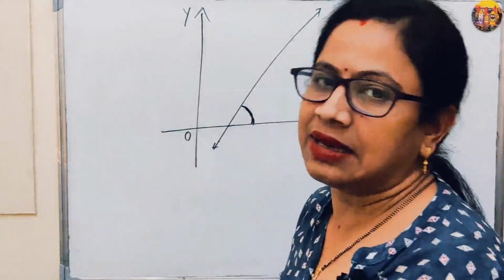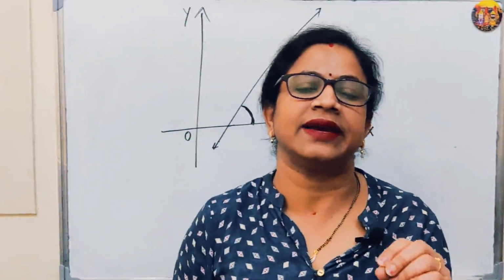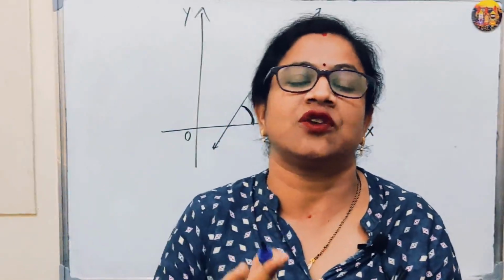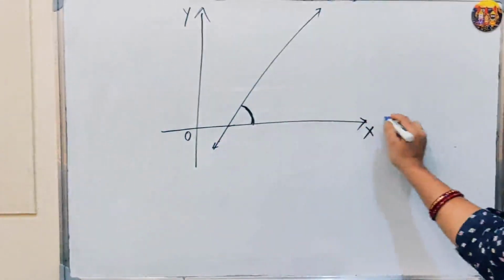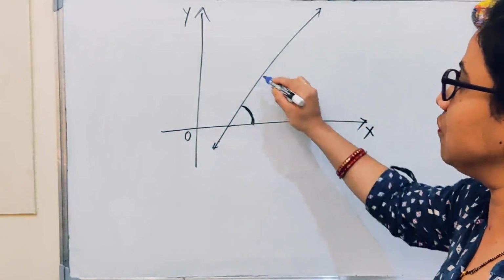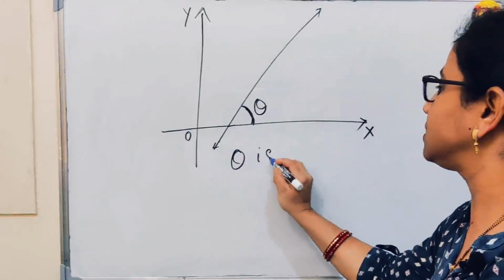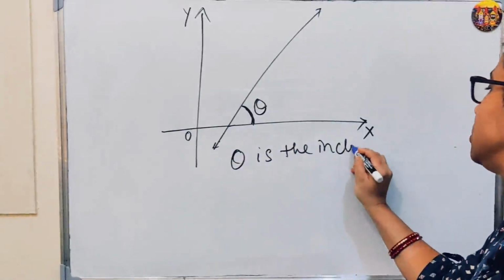So when the line is creating a positive angle with the positive direction of the x-axis, not the negative direction of the x-axis, then this is called the inclination of the line and is named theta. So theta is the inclination of the line.